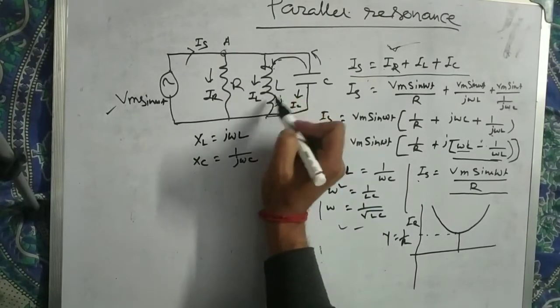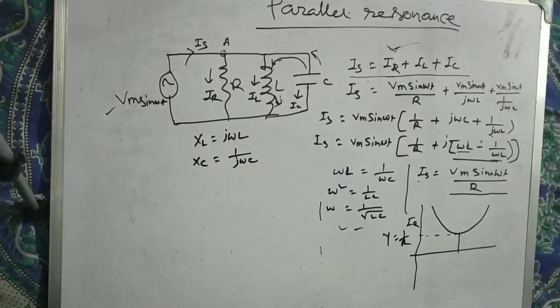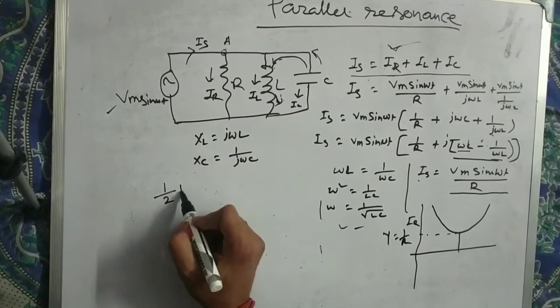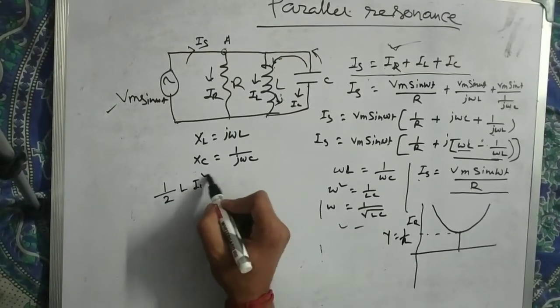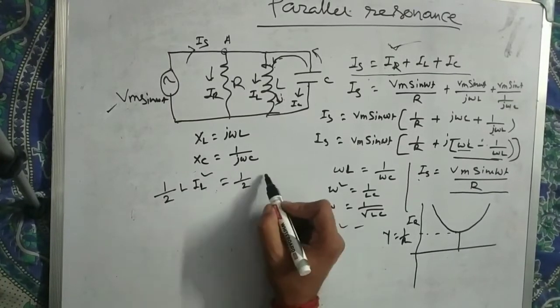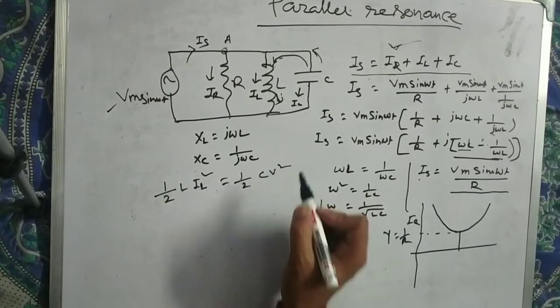So the energy of the inductor equals the energy of the capacitor. We all know inductor energy equals half L I square, and capacitor energy equals half C V square.